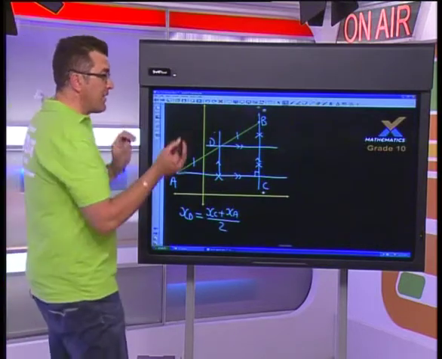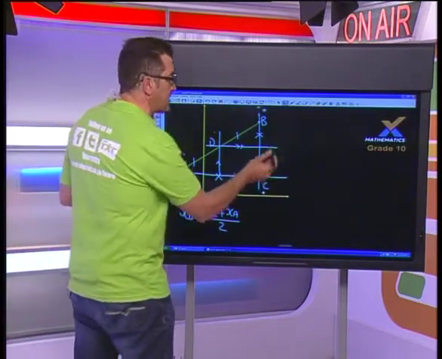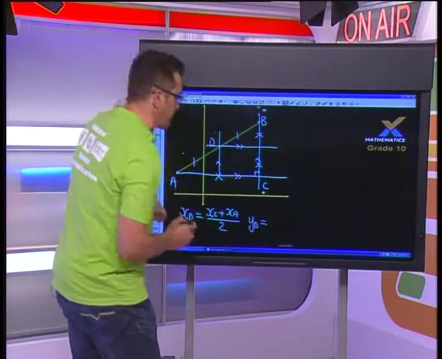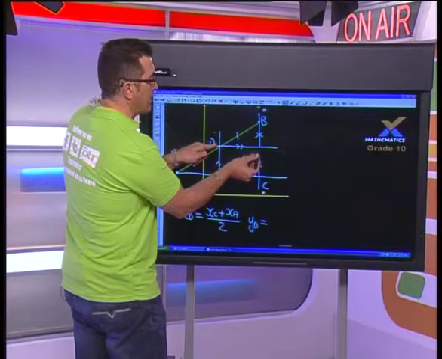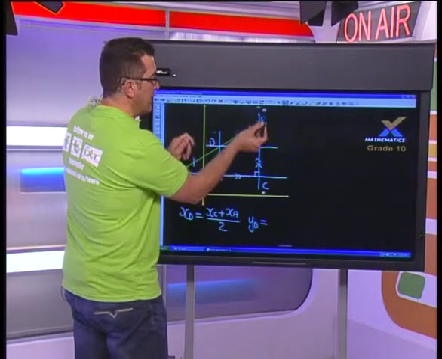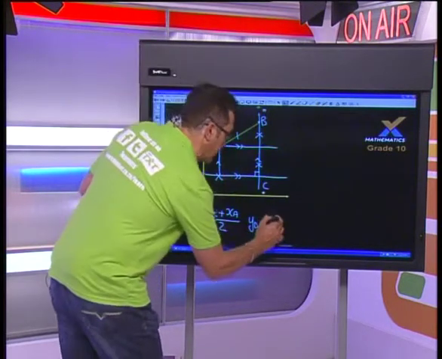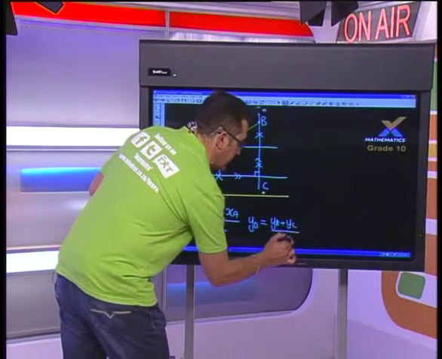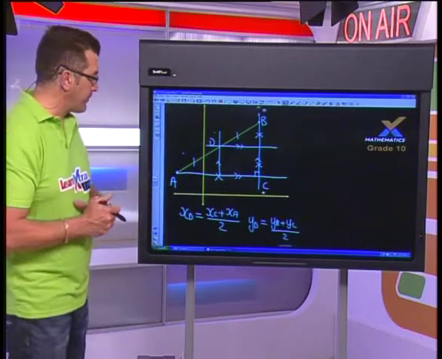Okay, so how do I find that midpoint? We said we take the two extremities. So the y-coordinate of point D, which is the same as the y-coordinate of that point over here, is the sum of the two, the y-coordinate of B plus the y-coordinate of C, that is halved.